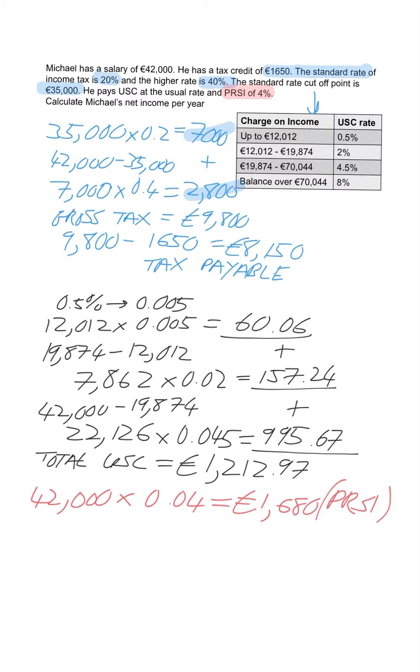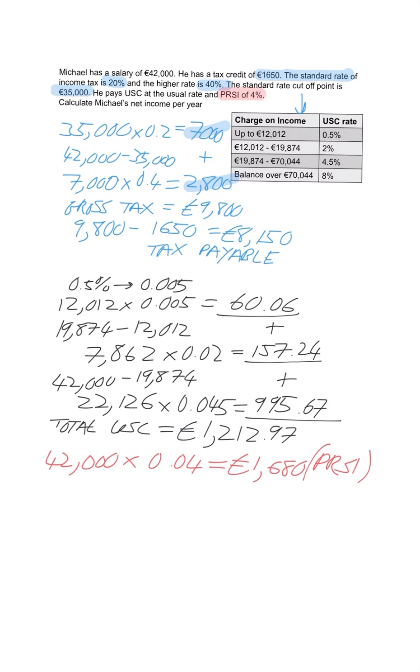So now to finish off the question, we have to calculate Michael's net income for the year. So we have his salary of 42,000 euro. Subtract then his income tax, which was 8,150. Then the USC, which was 1,212 euro and 97 cents.